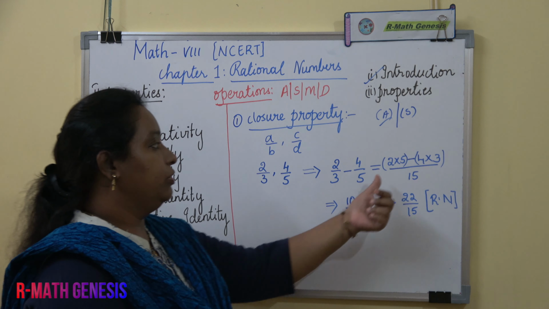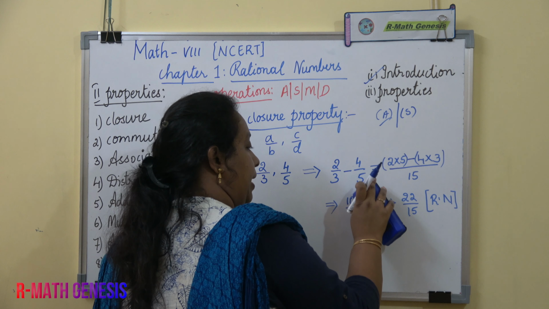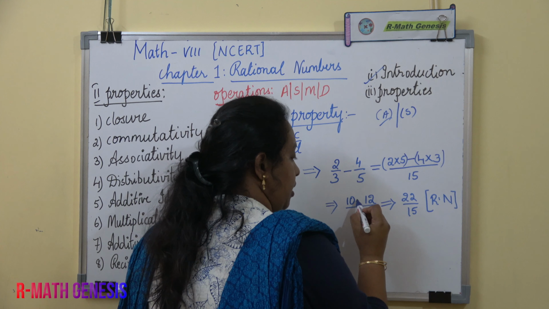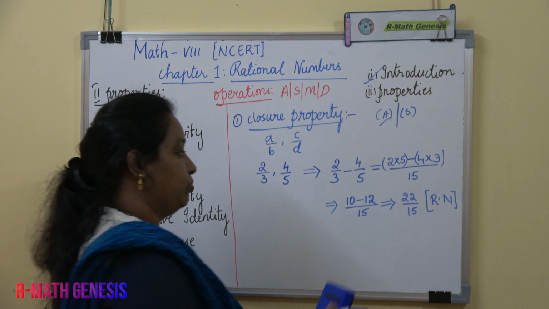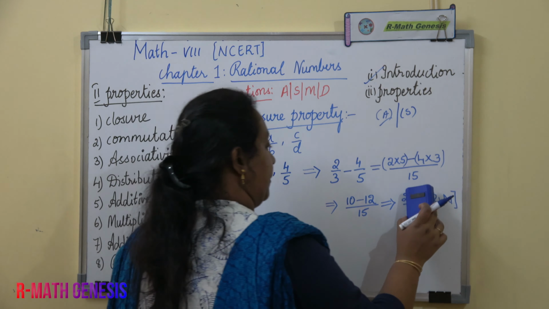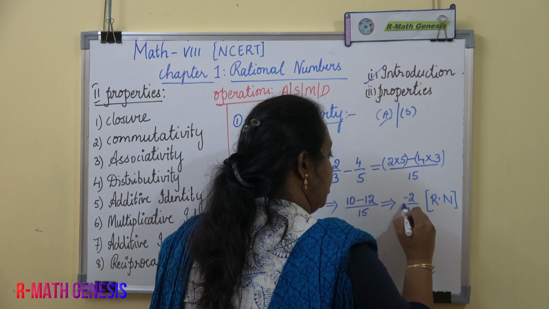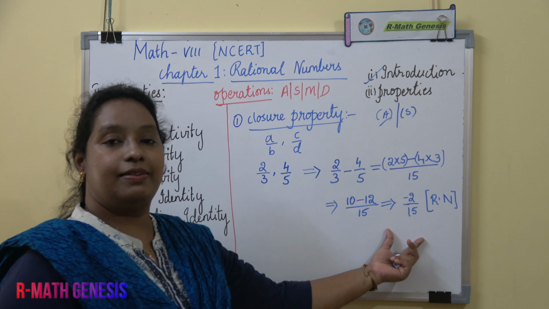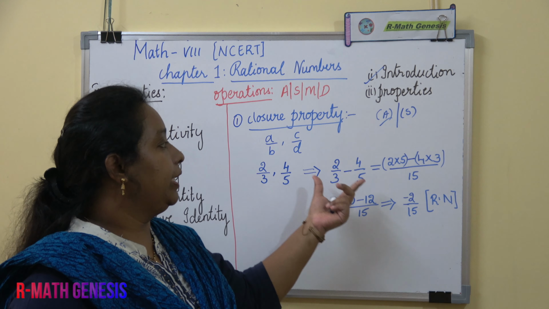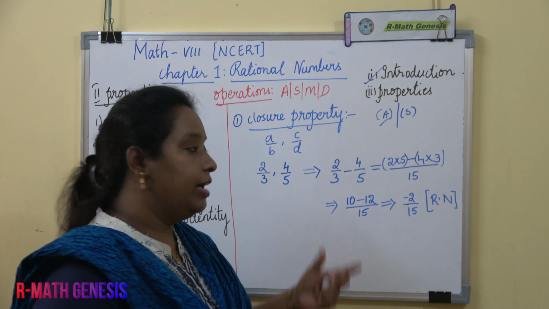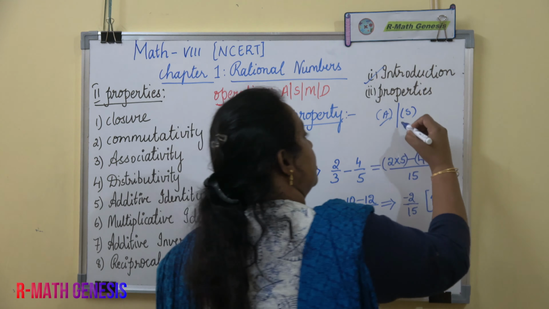Now 2 fives are 10 minus 12. 10 minus 12 is minus 2. So minus 2 by 5, is it a rational number or not? Yes, it's a rational number. So the closure property in terms of subtraction is also true.